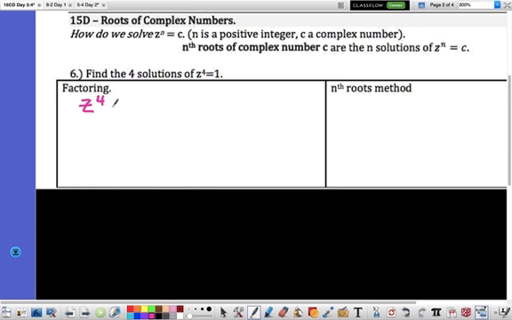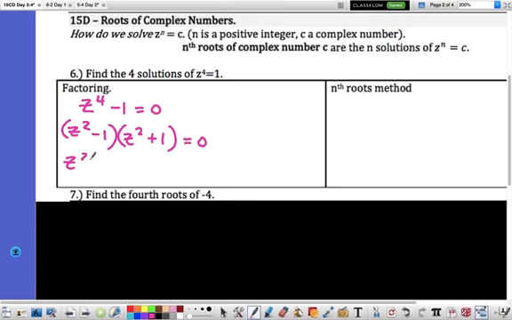Z to the fourth minus 1 equals 0. That factors. Z squared minus 1 times z squared plus 1 equals 0. Z squared equals 1. Z squared equals negative 1. Complex number squared gives me 1.